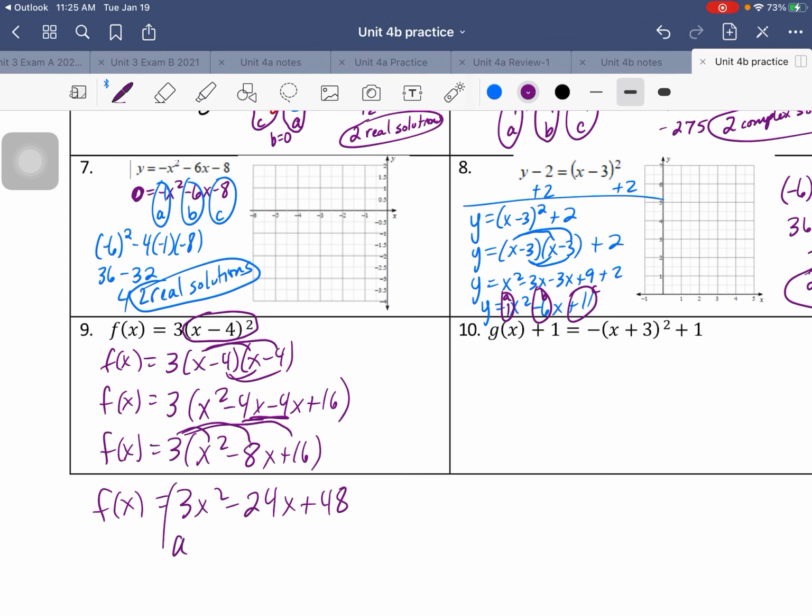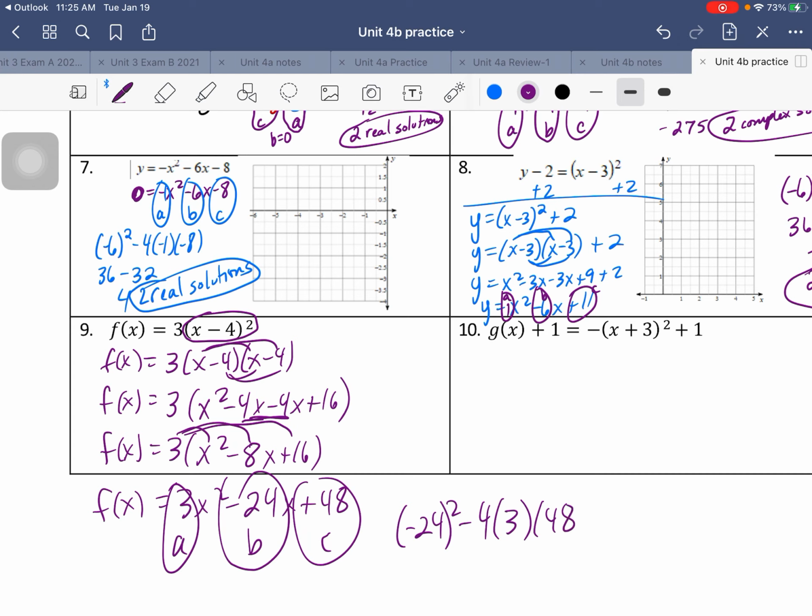All right, here we go. There's our A. There's our B. And there's our C. B squared, negative 24 squared, minus 4 times A times C. I'm going to have to get a calculator for this. I was not planning on doing it this way, but we have 24 squared, 576. 4 times, so 12 times 48.